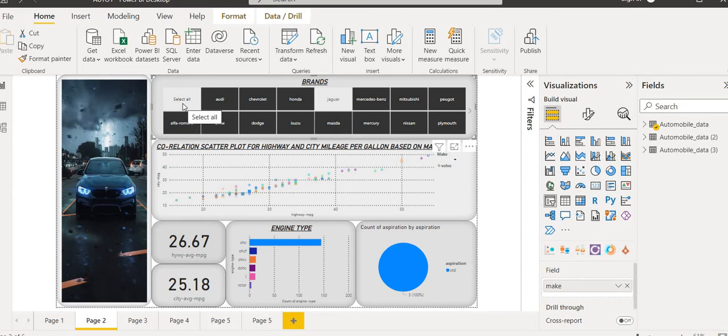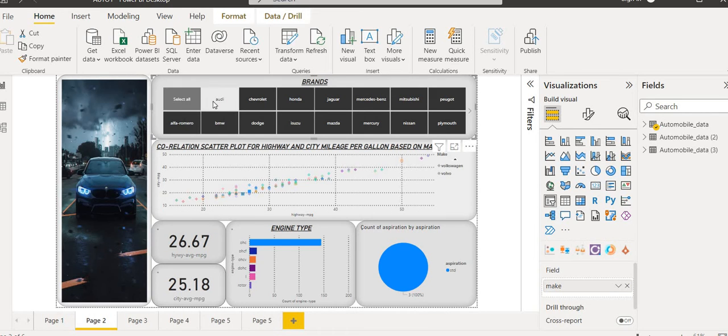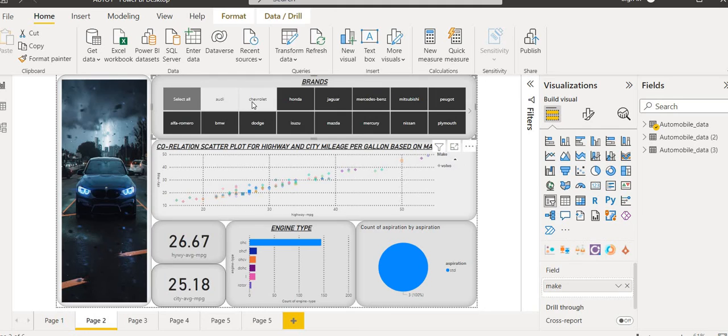You can select all in the brands also, in order to get the required information of the required data. Now move on to page number 3 of the project.